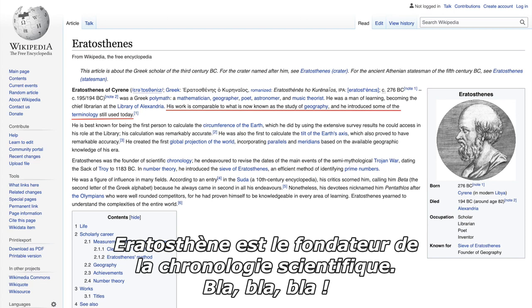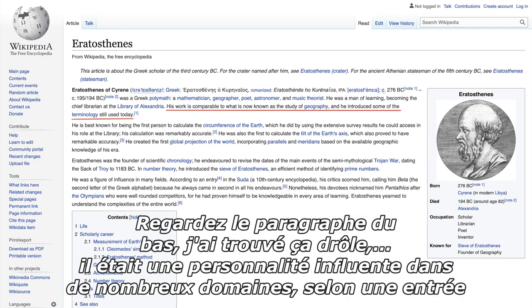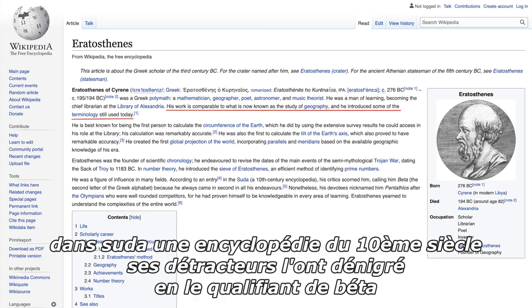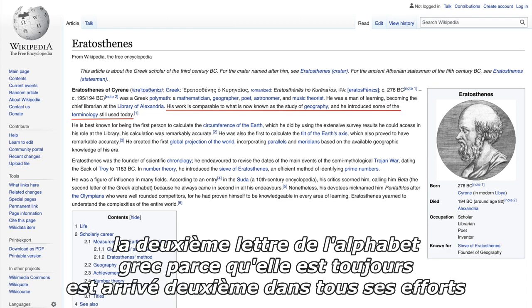Eratosthenes was the founder of scientific chronology, and so on. Look at the bottom paragraph. I thought that was funny. He was a figure of influence in many fields. According to an entry in Suda, a 10th century encyclopedia, his critics scorned him, calling him Beta, the second letter of the Greek alphabet, because he always came in second in all his endeavors.